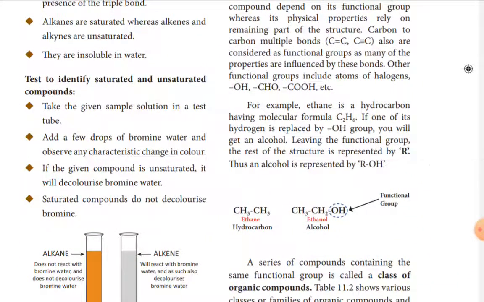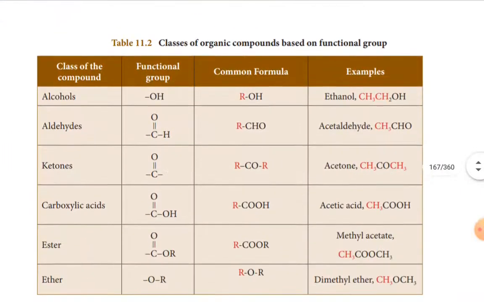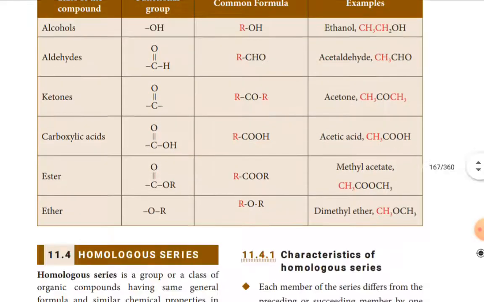OH is the functional group of alcohol. CHO for aldehyde, CO for ketone, COOH for carboxylic acid, COOR for ester, and OR for ether. Here R represents the alkyl group.